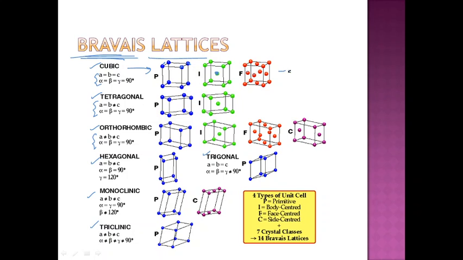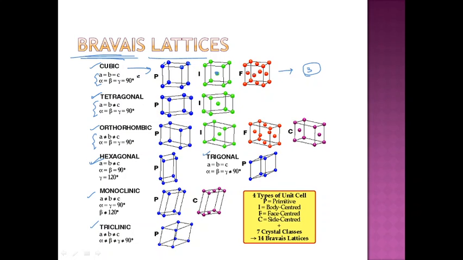So you will have 3 different types of systems within the cubic crystal system itself. So in that way, for each crystal system, you can construct different types of lattices by taking different atomic arrangements. And those systems that we finally obtain, those different types of atomic arrangements, are termed Bravais lattices.